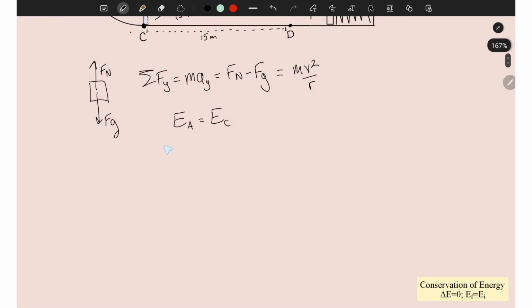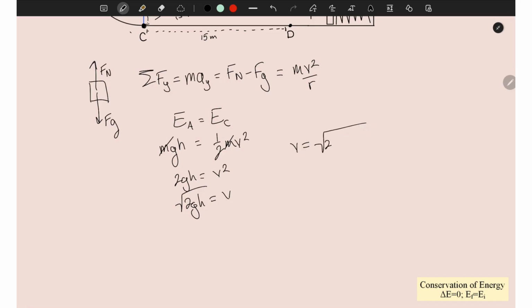So then I can say, because I know initially it's all potential, mgh at the top equals 1/2 mv squared at the bottom. I can cancel out the masses, and then I rearrange to get 2gh equals v squared. So the square root of 2gh equals v. And if I do this calculation, I'm going to plug in 9.81.